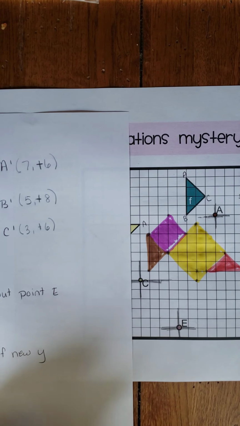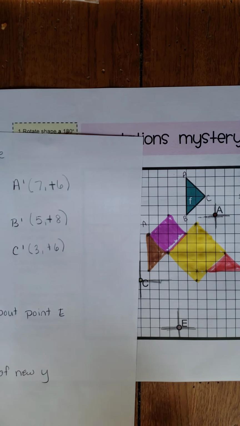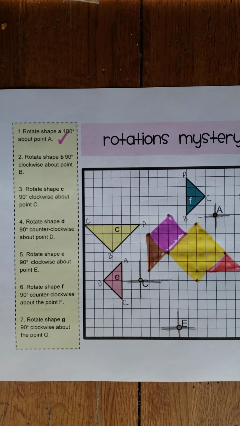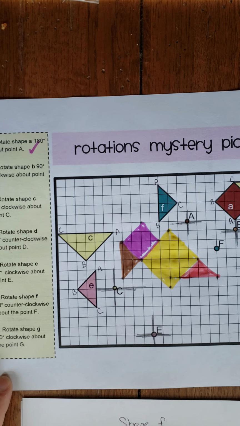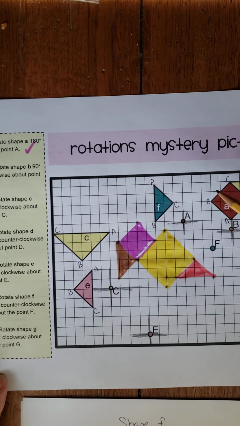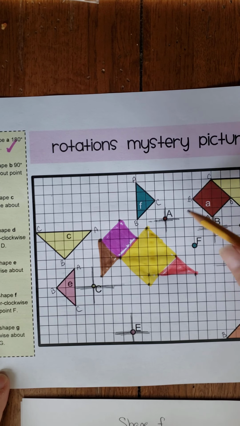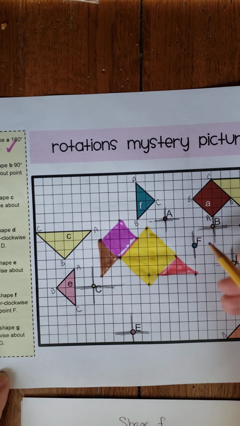So now we move on to our F shape, 2 more to go, guys. So our F shape is this one right up here, and we're going to rotate that about the F point. So again, we make our pretend axis here.